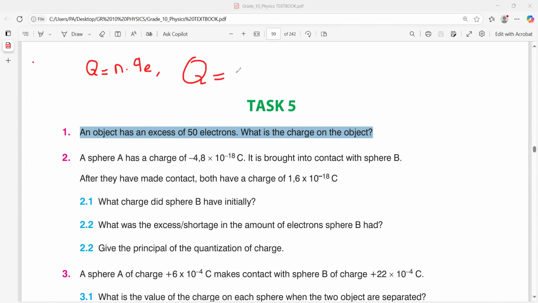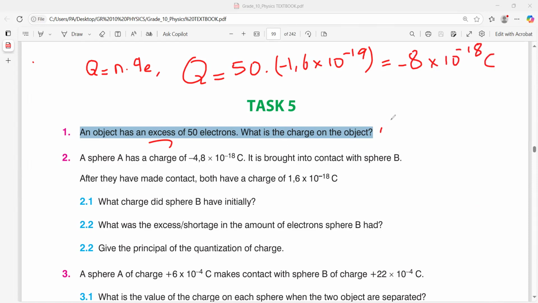Q equals, N is 50, times 1.6 times 10 to the power of negative 19 coulombs. So 50 excess electrons, so it is negative. So 50 times 1.6, what are we getting? We get 80. So we can write negative 8 times 10 to the power of negative 18 coulombs. Okay, this is our first type of question.